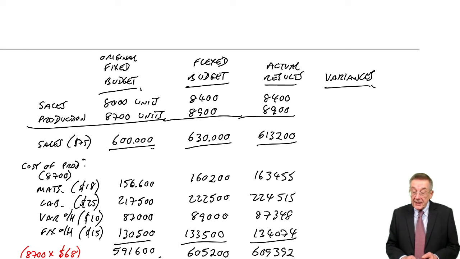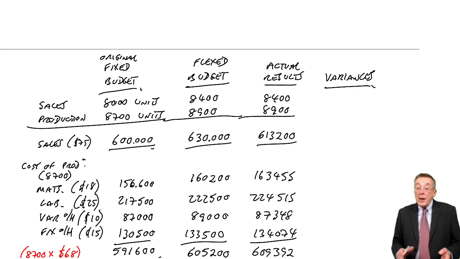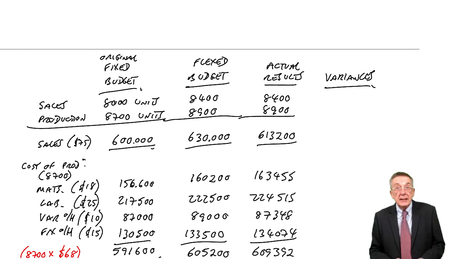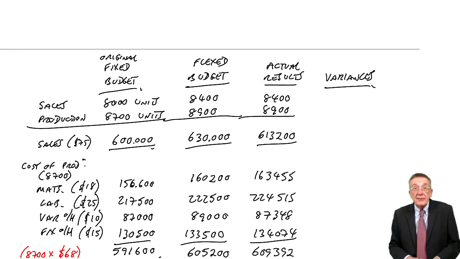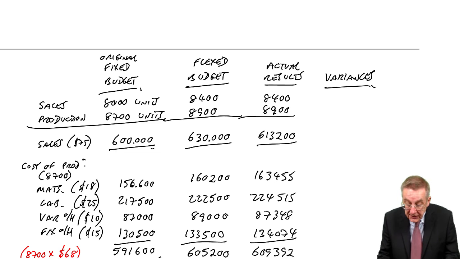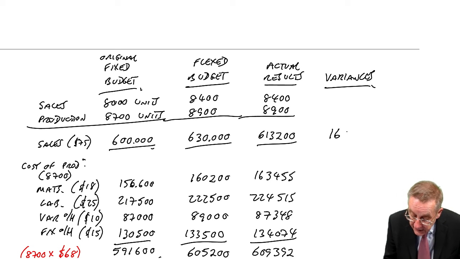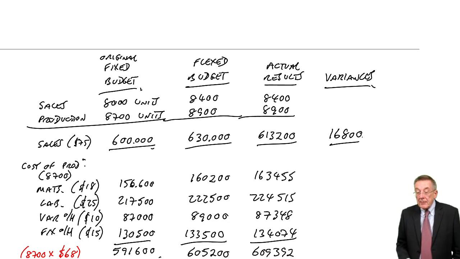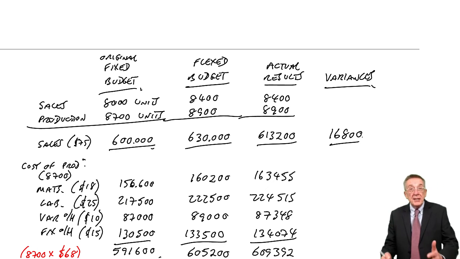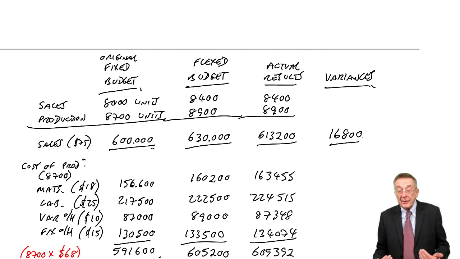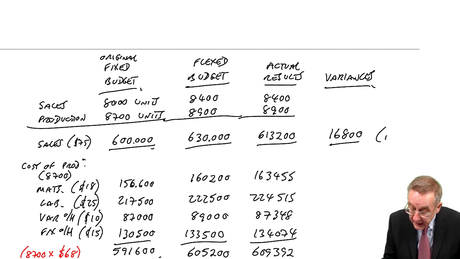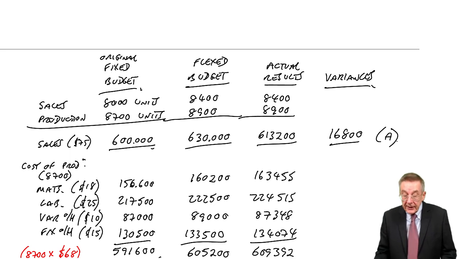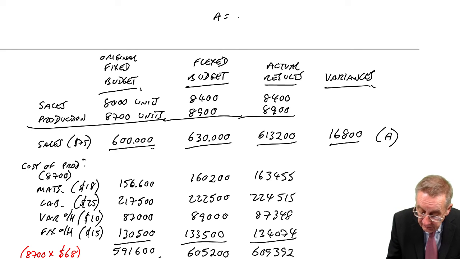Sales, we should have got 630,000. We only got 613,200. We must have sold at less than $75 a unit, and it's lost us the difference of 16,800. Because it's lost us money, that on its own would mean less profit, and so we write against it A for adverse. A stands for adverse and means less profit.